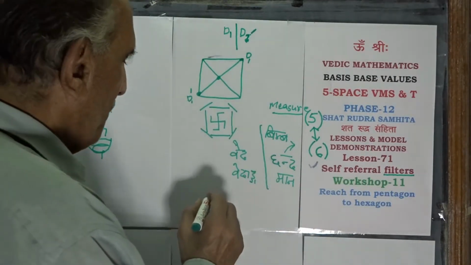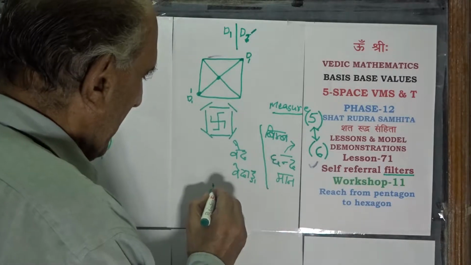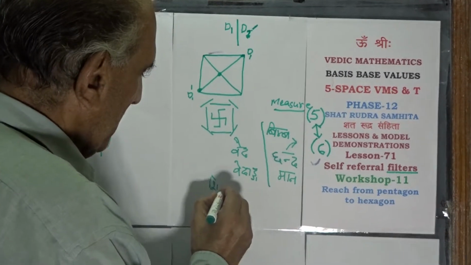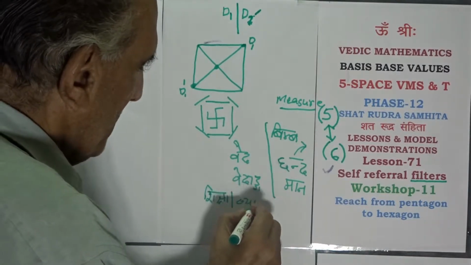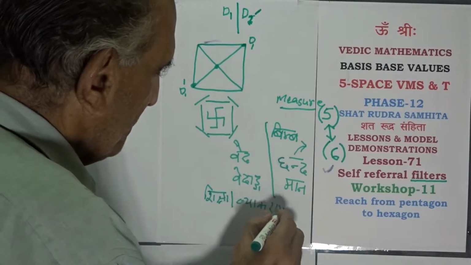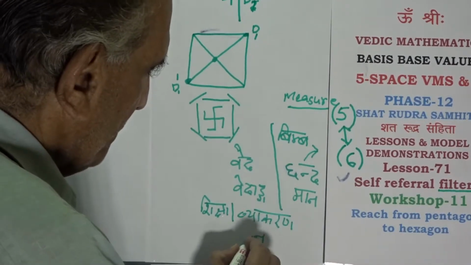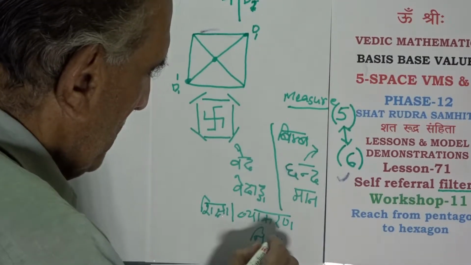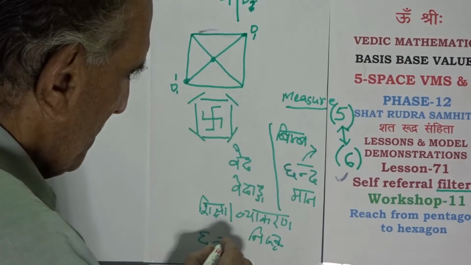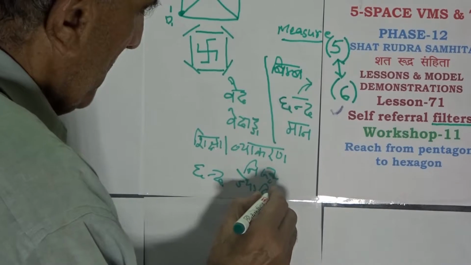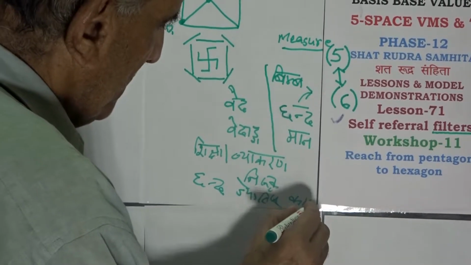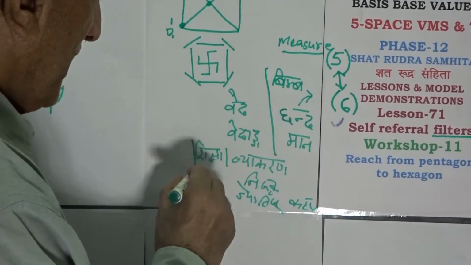If we have to enter the Vedic domain, we have to enter through the Vedangas: Shiksha, Vyakaran, Nirukt, Chand, Jyotish, and Kalp. These are six Vedangas.